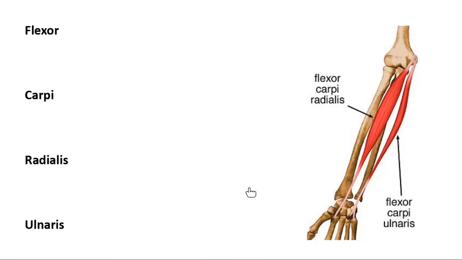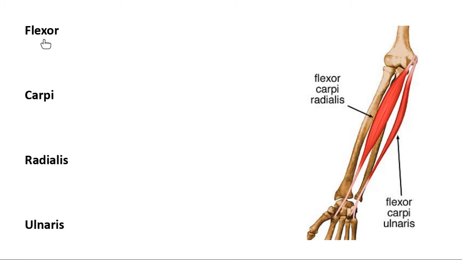Let's do another one here. We have in the forearm, so now we're down in the forearm region, a couple of muscles that are called flexor carpi radialis, flexor carpi ulnaris. Now we've added in a new way of naming muscles, and that way comes from this word flexor that we see here.